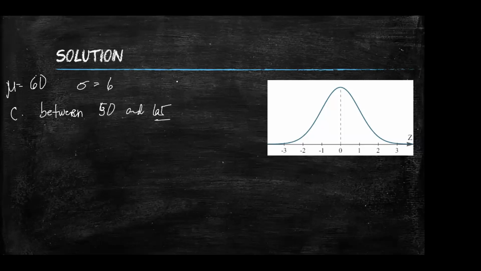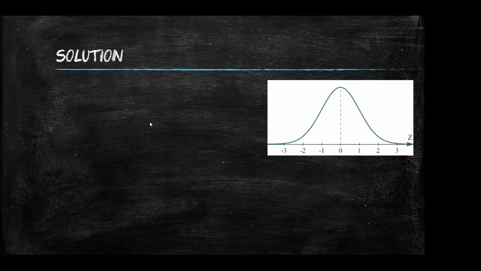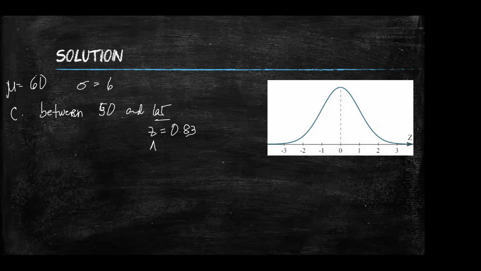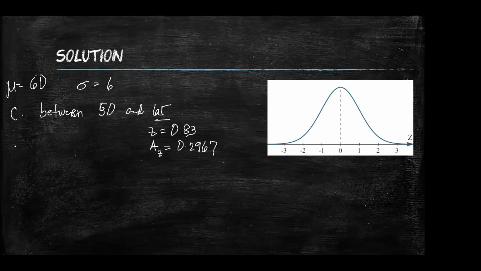Kunwari nakuha na natin si 65. So, 0.83 si 65. Ang z-score niya is 0.83. Yung area niya ay 0.2967.